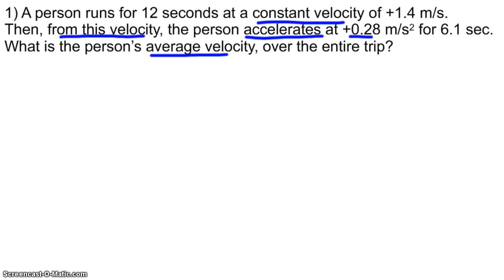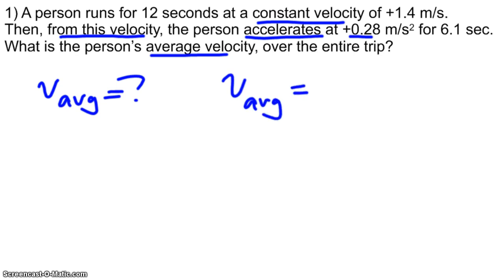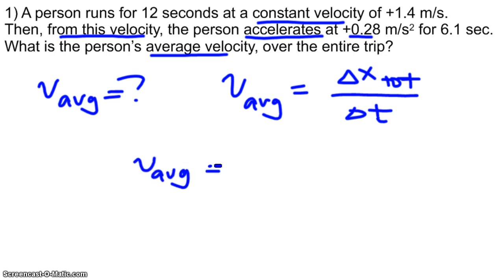The first thing I do, I'm asked to find average velocity. There's only one equation that I can use to find average velocity. So I know I will use that equation. It's the only one we know of. And delta x total is something I don't know right now.